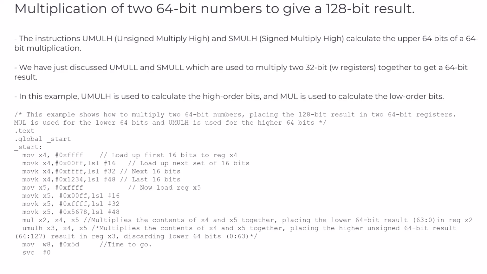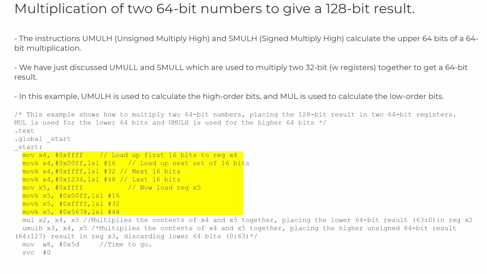The instruction will be used with X registers to form the lower 64 bits of the result, and the destination register will represent bits 63 through 0. We're going to introduce new instructions to generate the high-order bits: 127 through 64 for the upper half. These instructions are MUL with the letter H appended, signifying high. This instruction multiplies two 64-bit values together, writing bits 127 through 64 of the result to a 64-bit destination register.